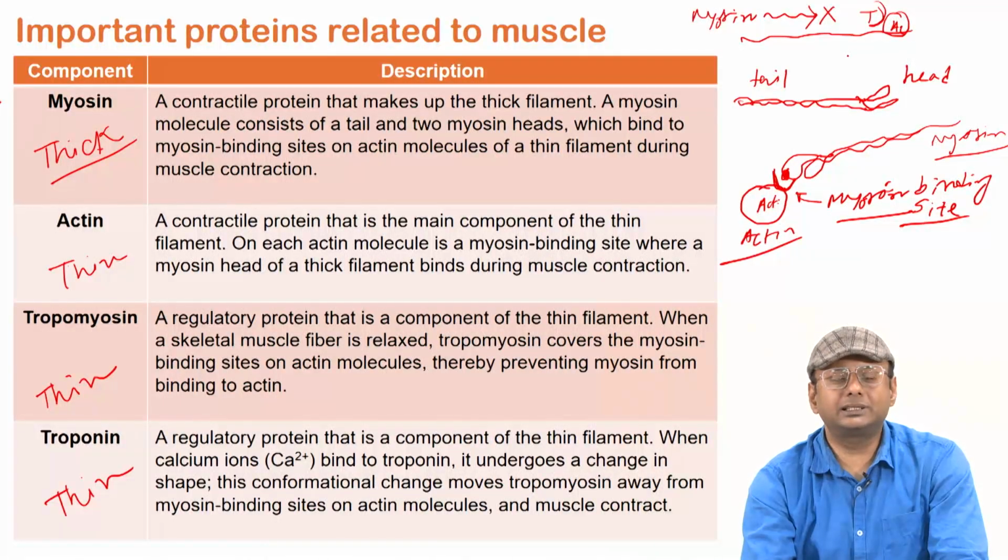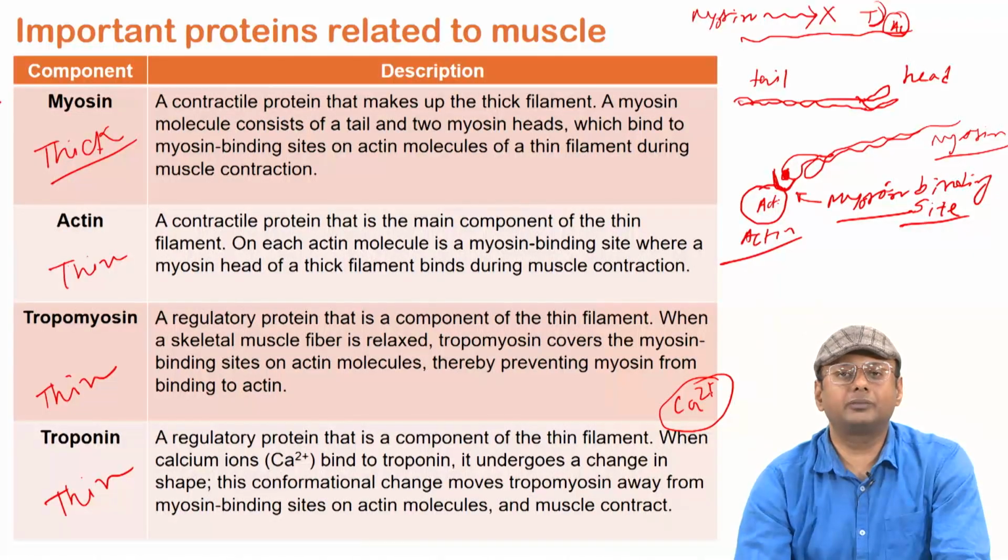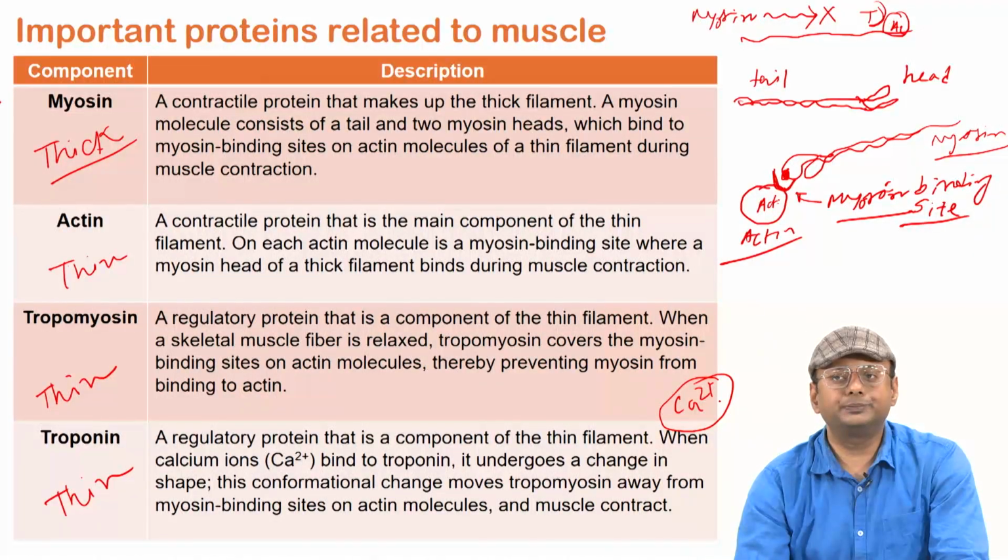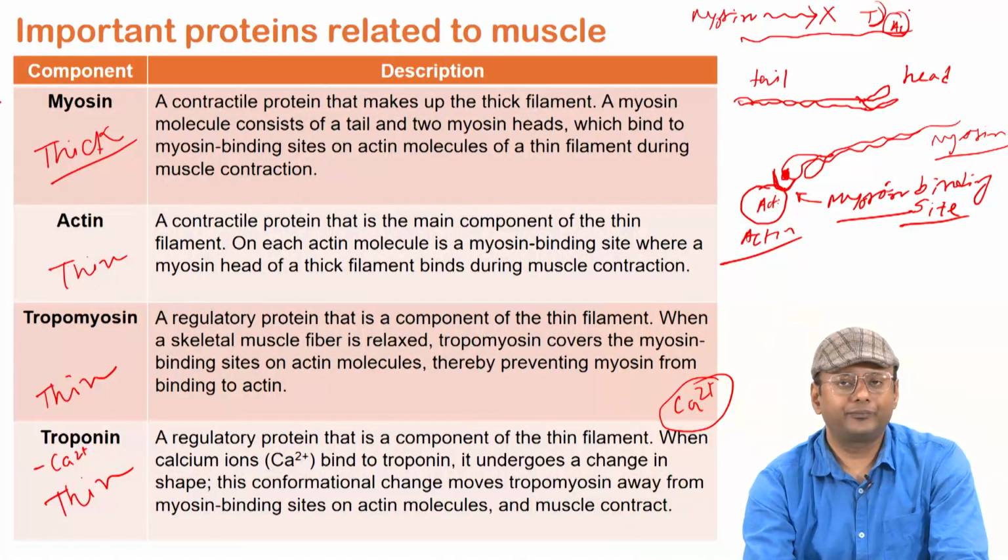During muscle contraction, whenever there is a release of calcium ion from the sarcoplasmic reticulum, this calcium ion binds to the troponin. Then it undergoes shape and conformational changes, and eventually it removes the tropomyosin away.